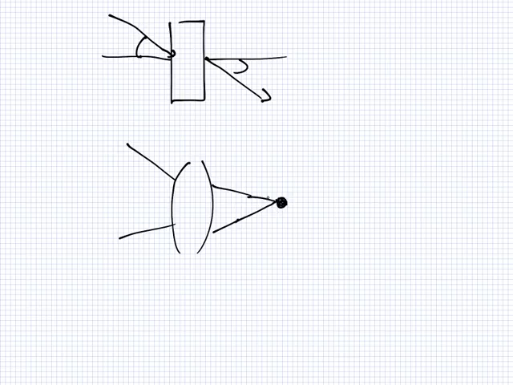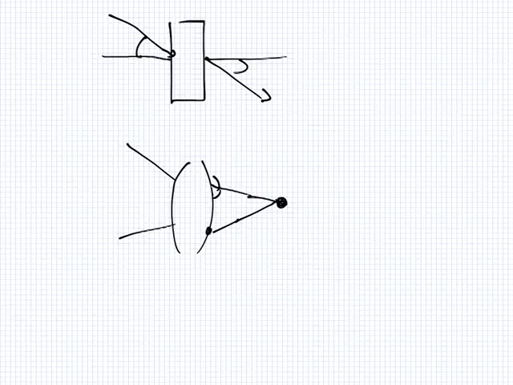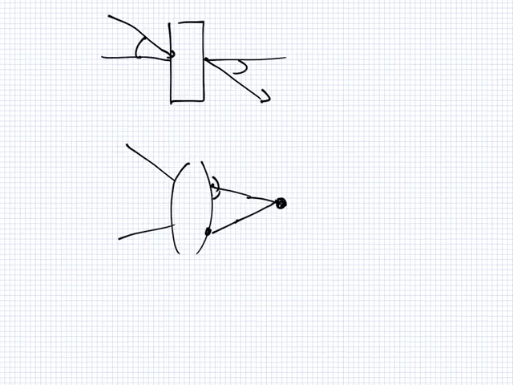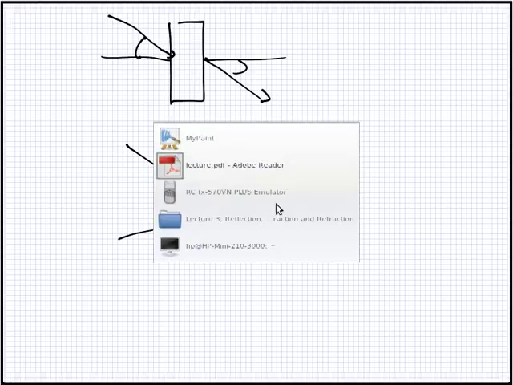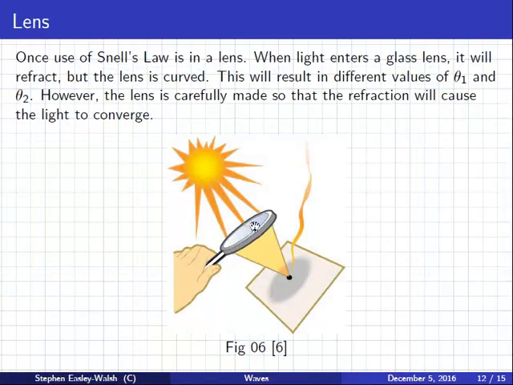So this is quite difficult to do. You have to have the lens specially curved so that all the angles you get here are the right angles at the right places so that the light converges at one point. It requires careful calculations and careful smoothing of the lens. But if it's done right, then all the light that's refracted will meet at one point.